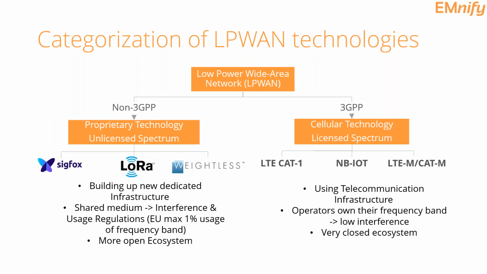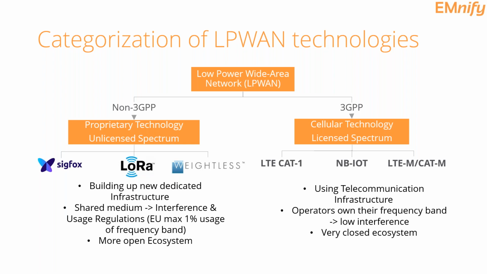The one big thing that's different to cellular technology is that all these approaches need to rely on a shared medium. Opposed to cellular technology, where operators are buying spectrum licenses for a lot of money, the providers of Sigfox, LoRa or Weightless technology cannot use this licensed spectrum.